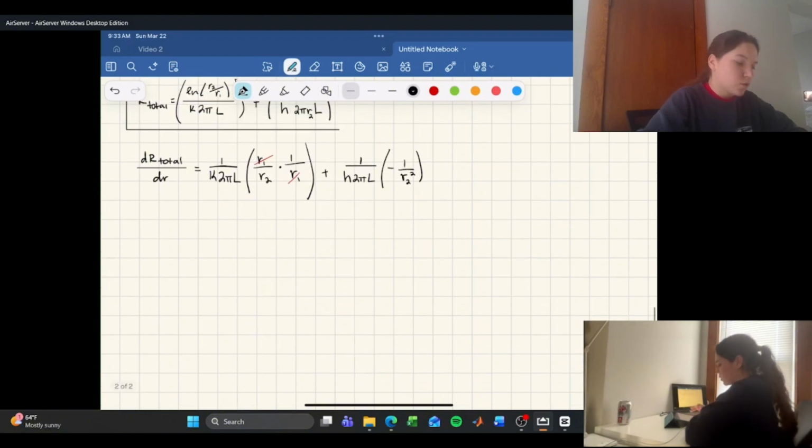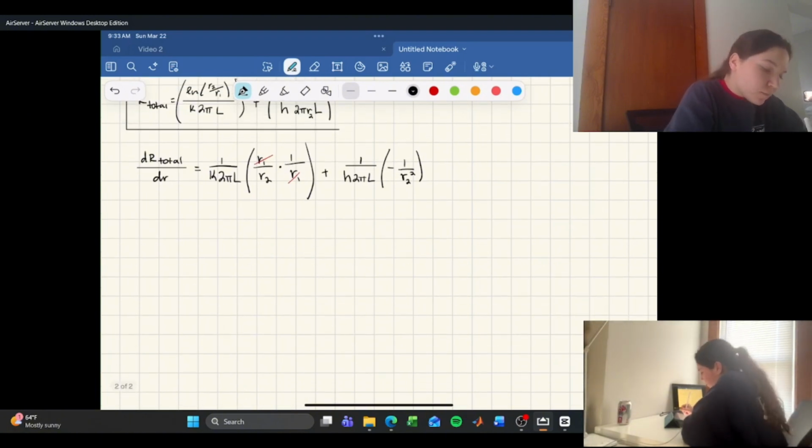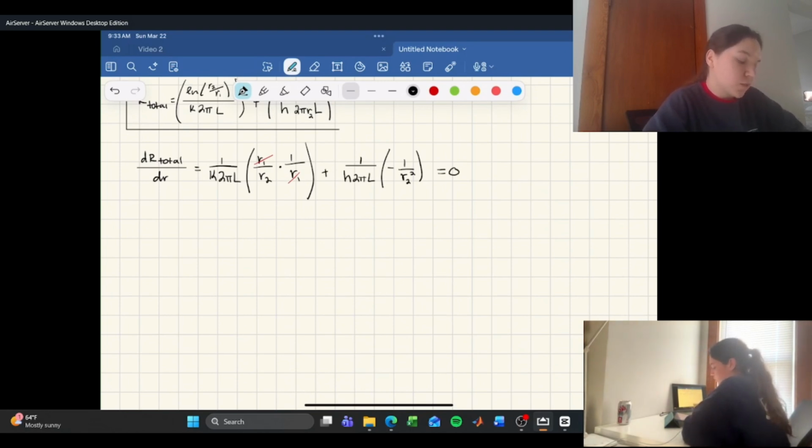So now we can set this whole thing equal to 0 because we're trying to solve for R2 to find what the critical point is of seeing how much insulation we can add.